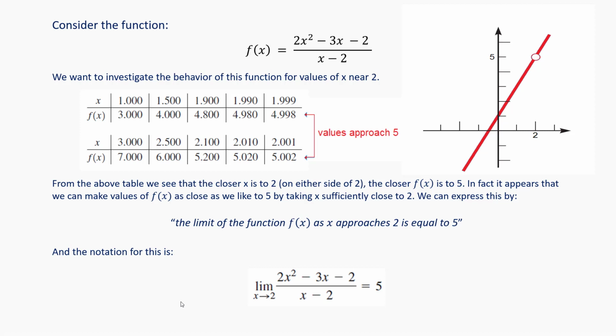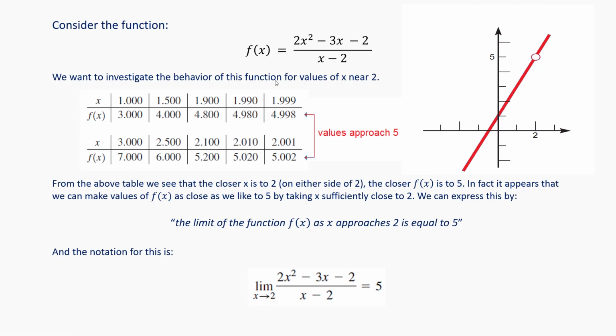Don't forget that the limit of a function is about the behavior of a function around a point, close to a point, not exactly at that point. And one more thing that you should stick in your head is that when we say x approaches a point, for example in this case 2, x is on either side of 2.